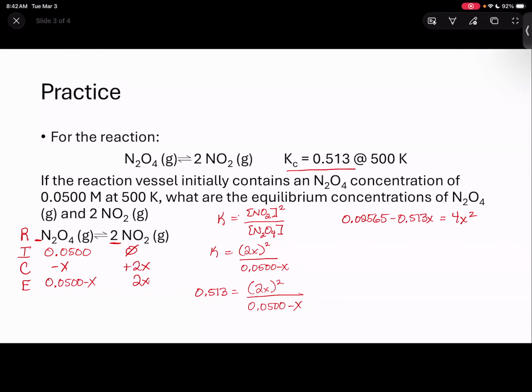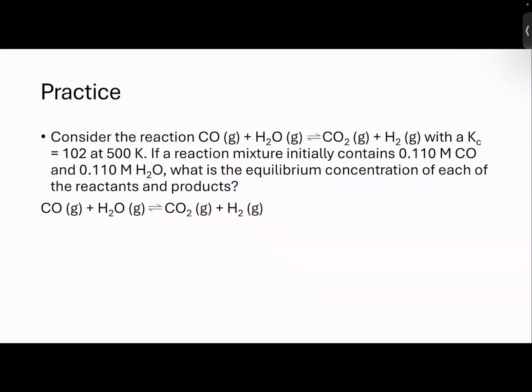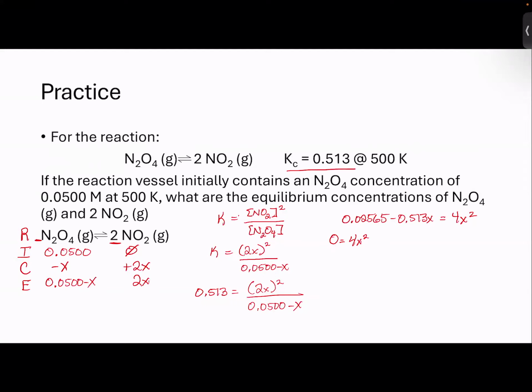Now we're going to rearrange this equation to make it readily usable in the quadratic equation. So your 4x squared, I keep it positive, is going to be plus 0.513x minus 0.02565. That is your A, your B, and your C in the quadratic expression.